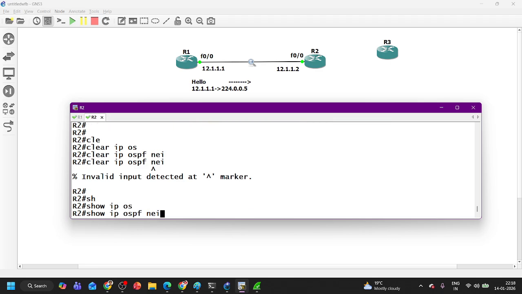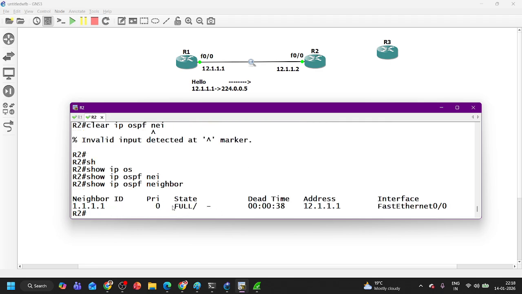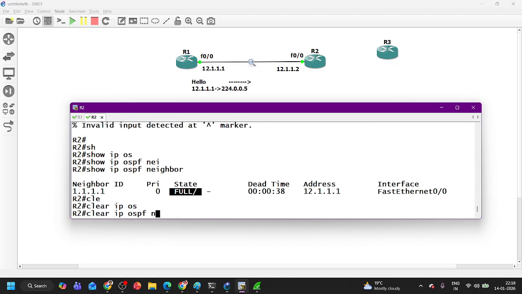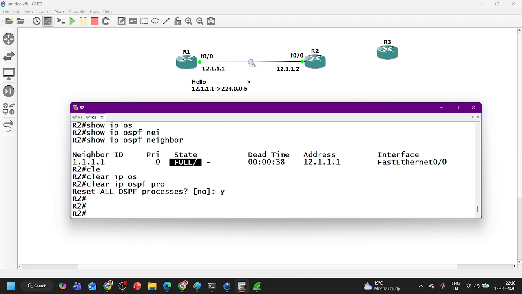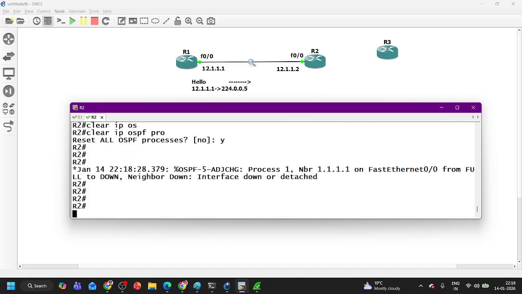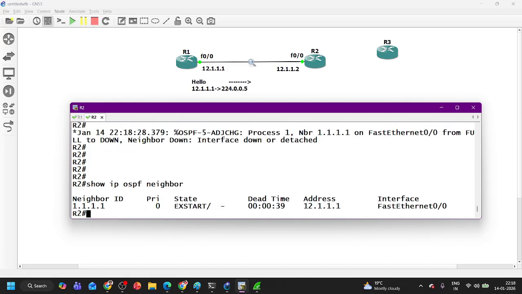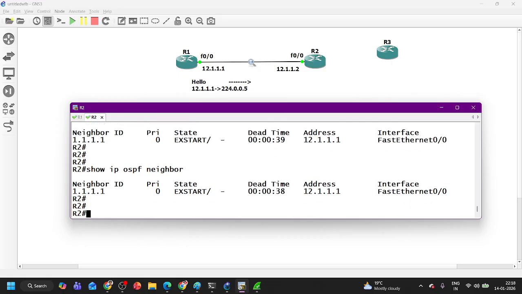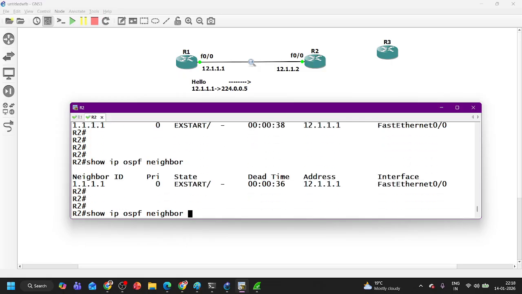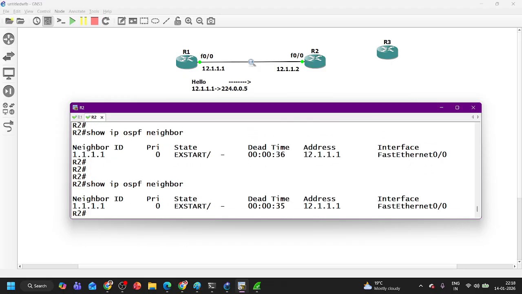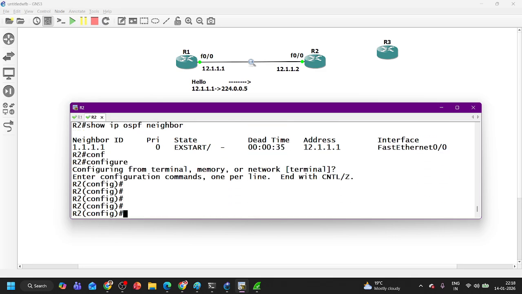So show IP OSPF neighbor, neighborship is in full state. When the router rebuilds the neighborship, this time it will get stuck in ExStart state. Clear IP OSPF process and say yes. Now show IP OSPF neighbor. Now you can see neighborship is stuck in ExStart state because of MTU mismatch. If you want to ignore the MTU, there is one command.